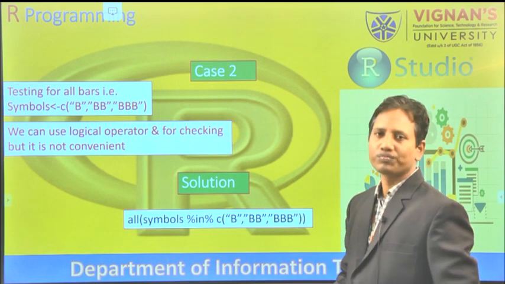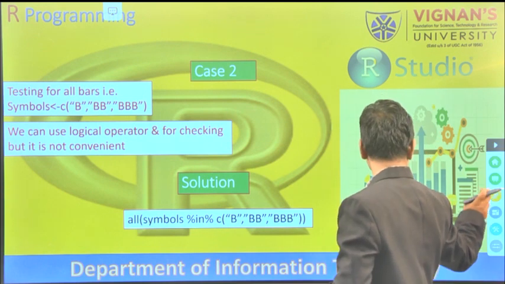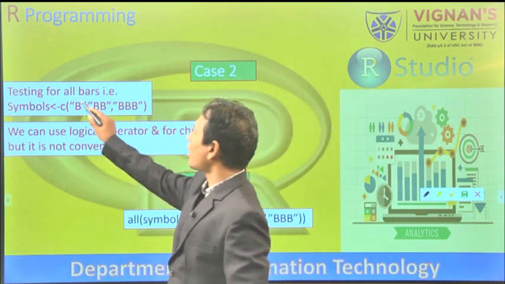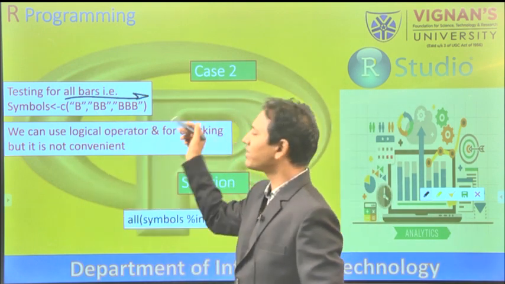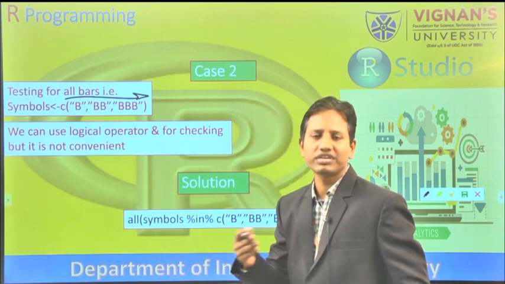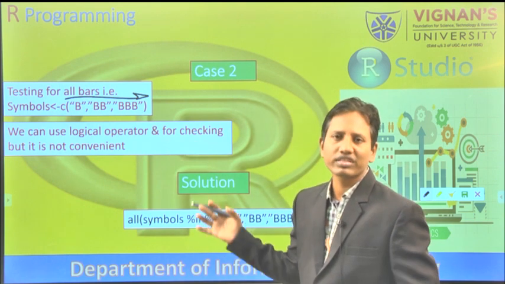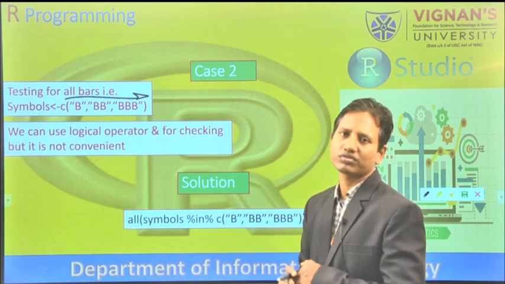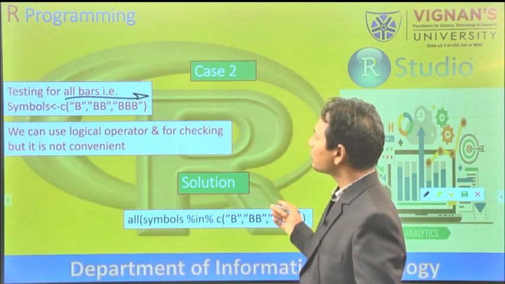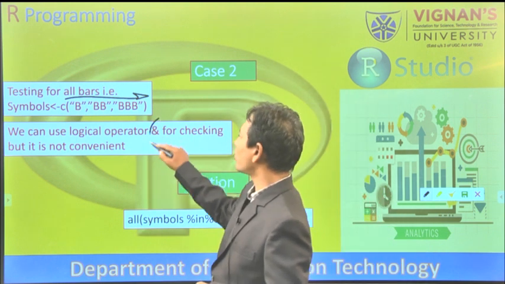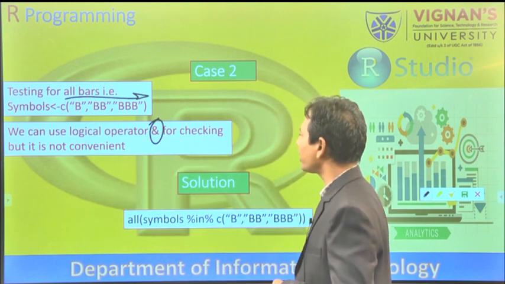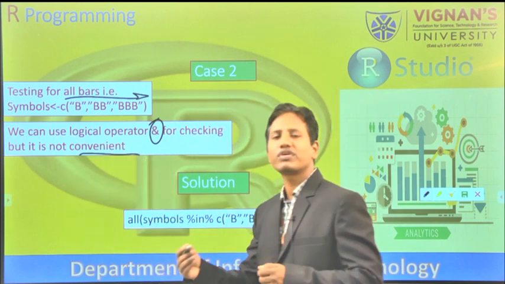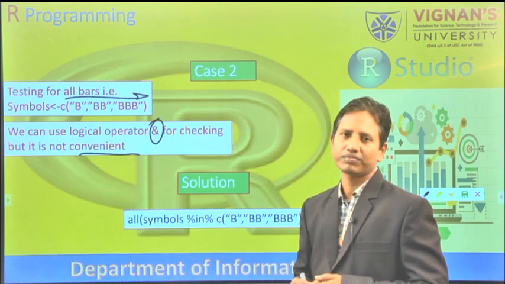We'll go for case 2. In this case 2, we have to check for all bars, the different types of bars. We have 3 types of bars and we need to check whether all these 3 bars appeared or not. For this, we could use the logical operator, but this is not that convenient because we need to check many conditions.